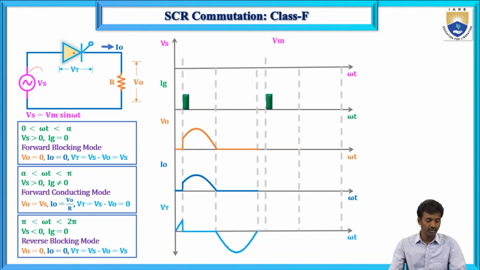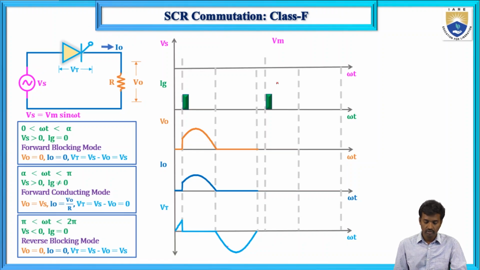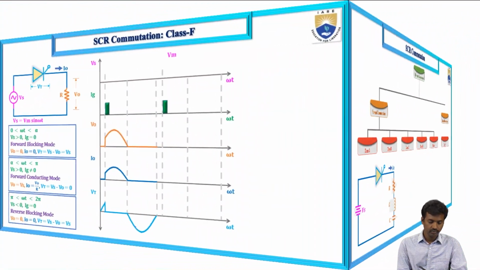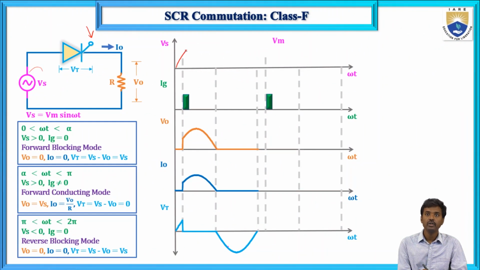So we are giving AC supply to this SCR, and this is our load resistor, and current flows in this direction. When you give the gate pulse, it will be turned on. This is the supply voltage, Vs equals Vm sin omega t.